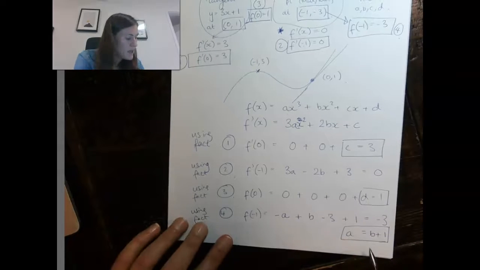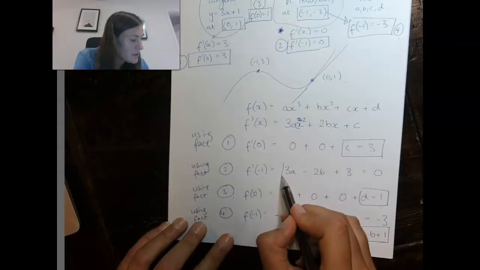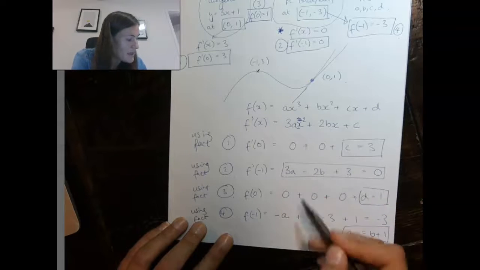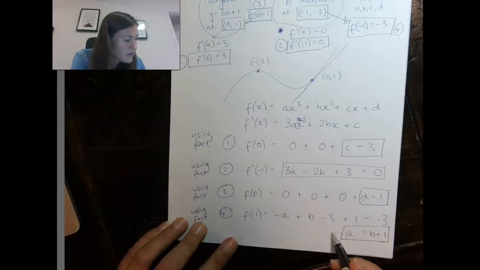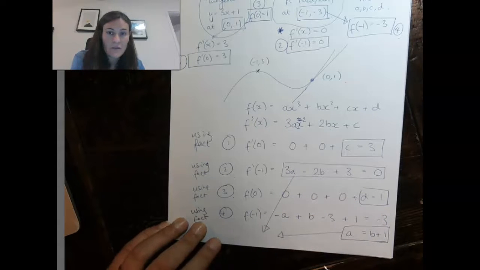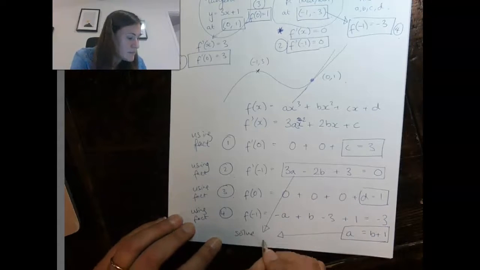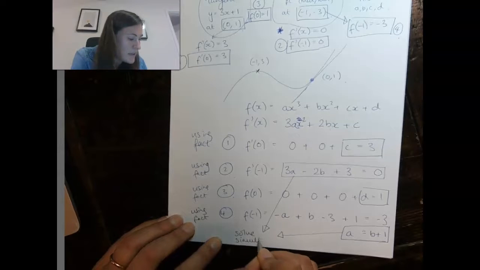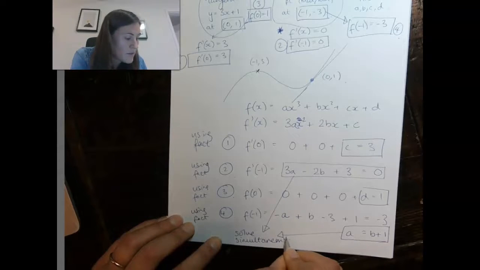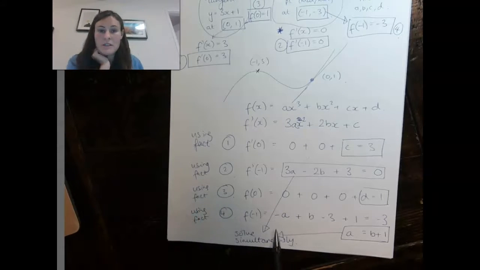All right, so I've got a connection between a and b here. I've got a connection between a and b here. It's not done, but I can solve these 2 as simultaneous equations. Solve simultaneously. Okay, and remember we can solve equations simultaneously by substituting one into the other or by eliminating one.